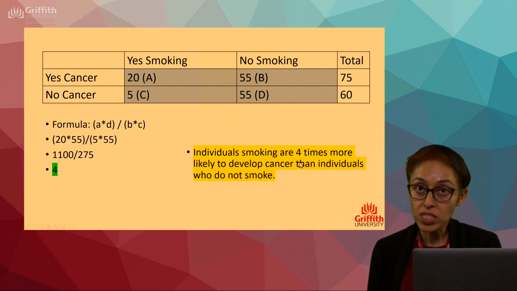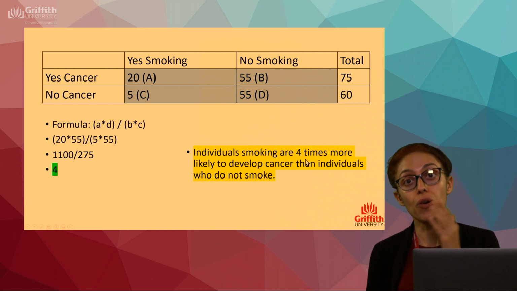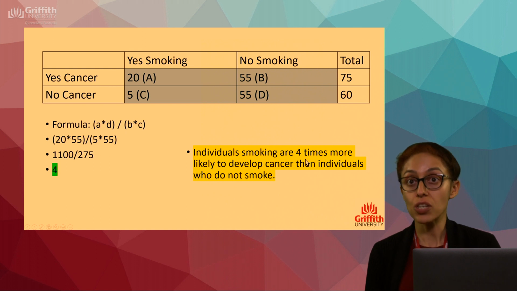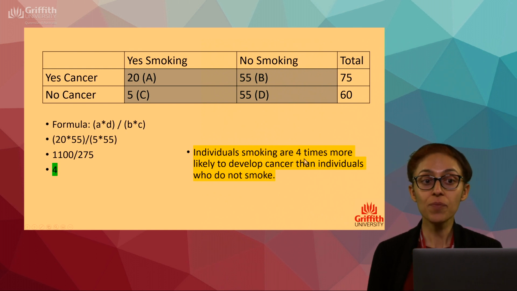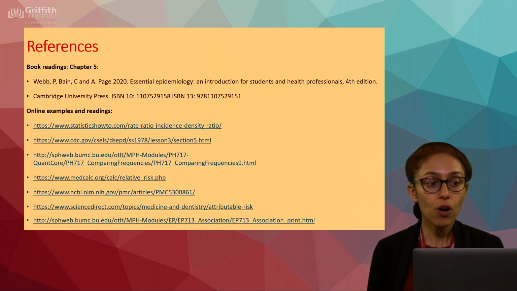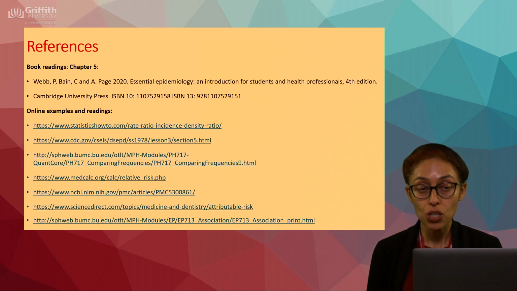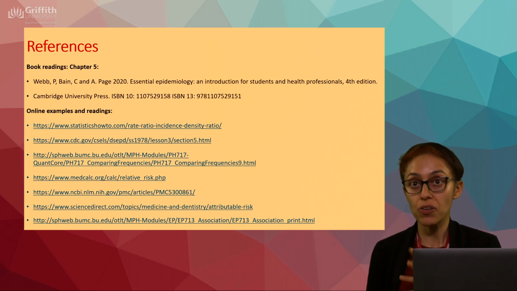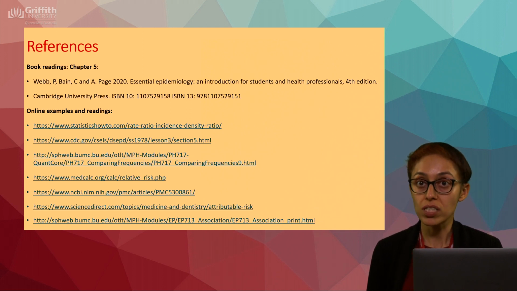You use the word times when you are doing your risk ratio result interpretation and writing. So yes guys, this is it for your measures of association. We looked at the two most important measures of association that you do in the area of nutrition research: risk ratios and attributable risk, versus your odds ratios.